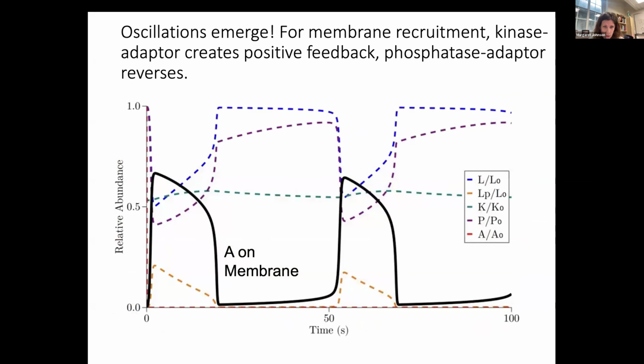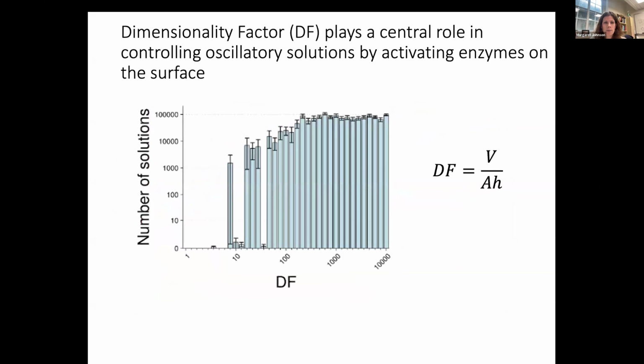And so now we can get oscillations to emerge. So we can actually create negative feedback and, in fact, positive feedback to get these proteins to come on and off the membrane dynamically. And what it shows is that you can create really instabilities in your network if you can dynamically change the composition of the membrane.